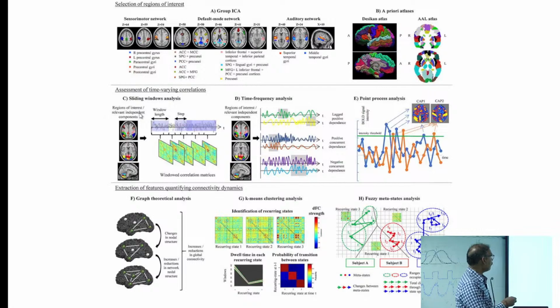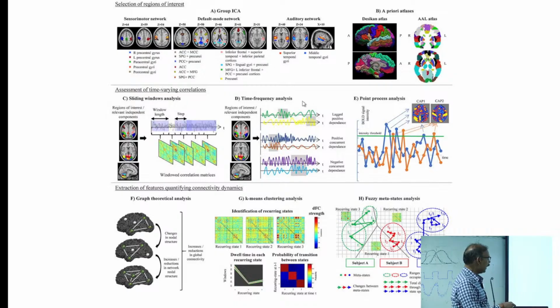The other way we can do this is to use group ICA to find different networks. Then for each of these networks, we do window-based correlation, then we do time frequency analysis.